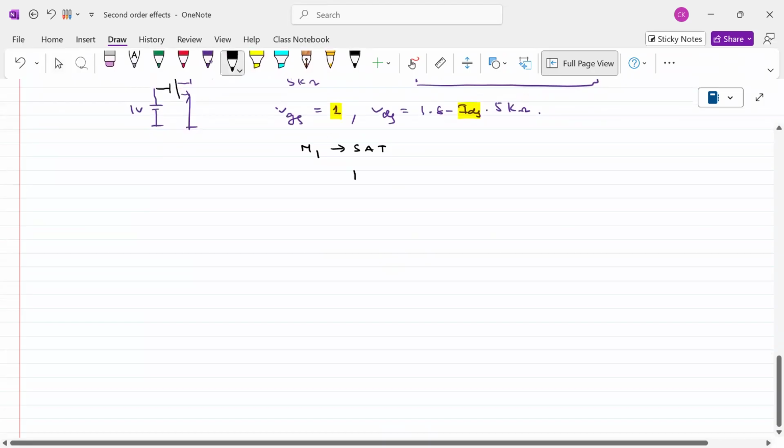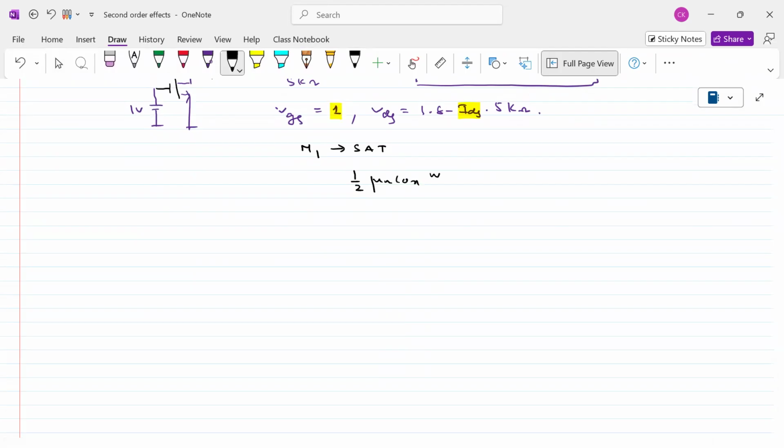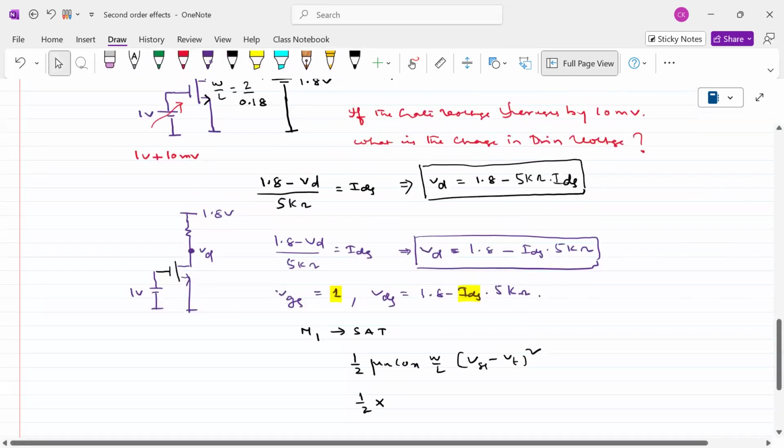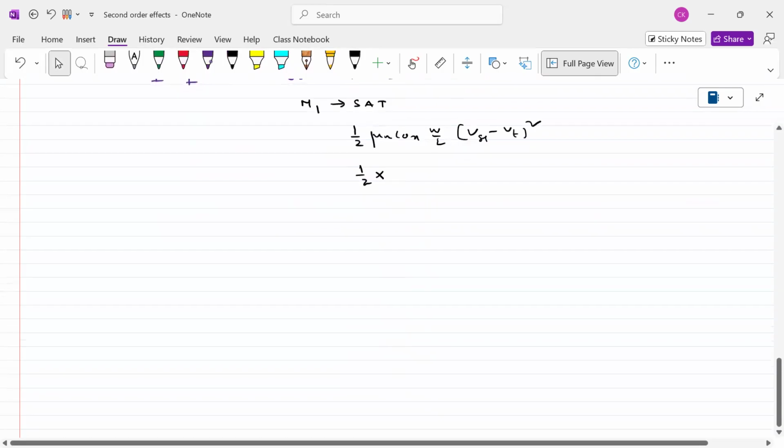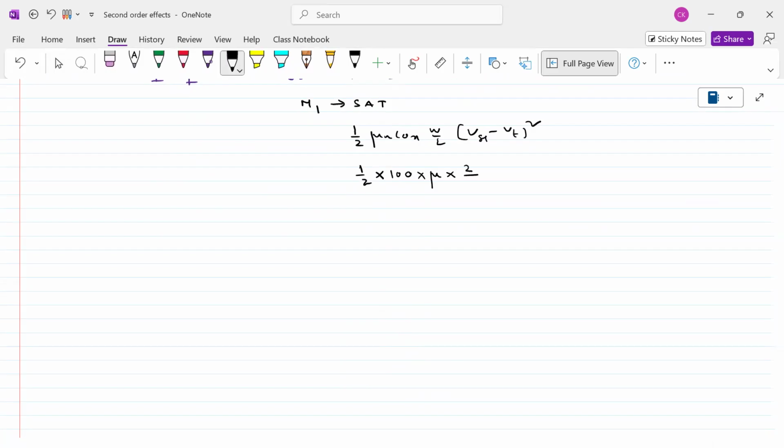We can write it as half mu n Cox W by L times VGS minus VT, whole square. What is the value they have given? 100 micro.